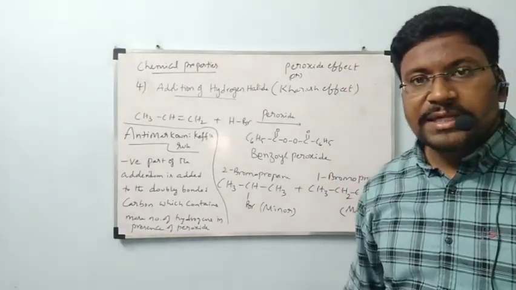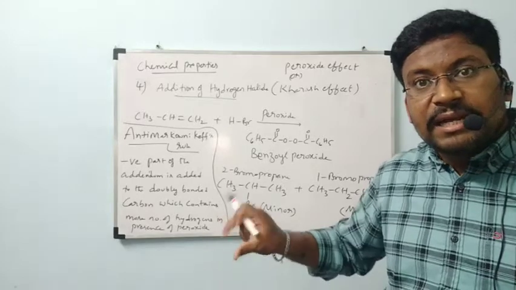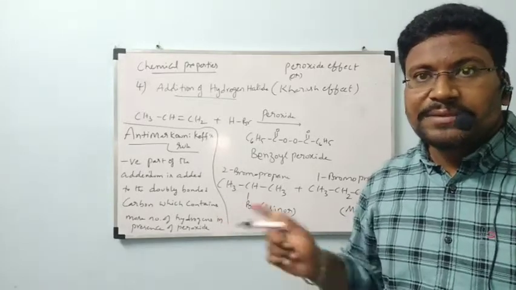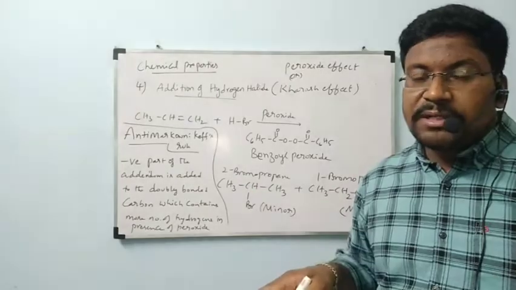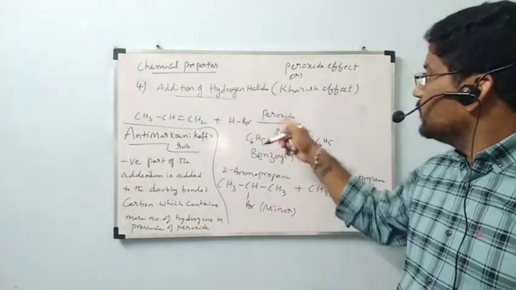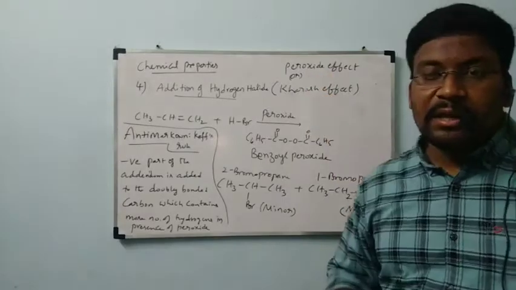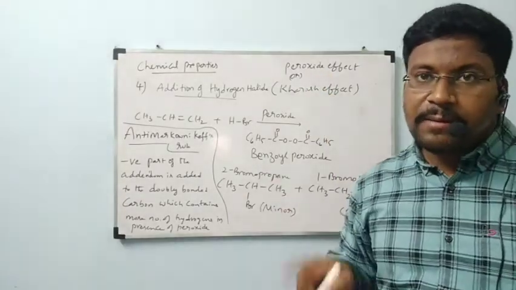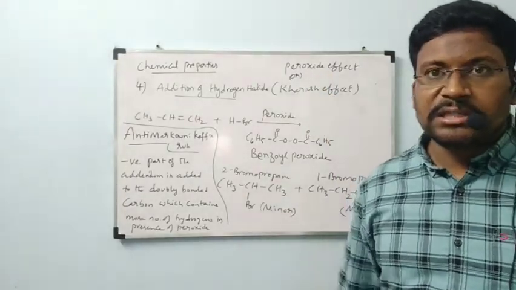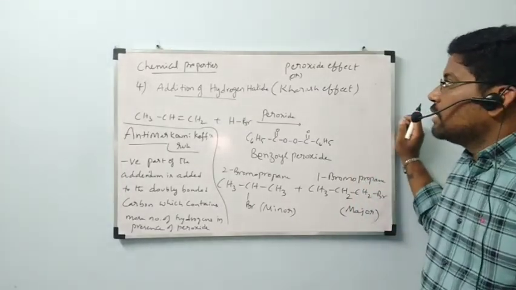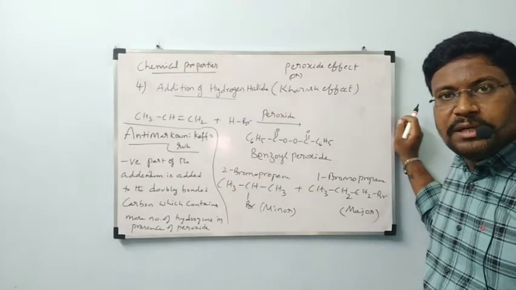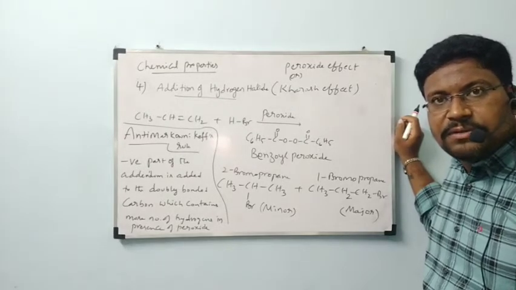In the presence of peroxide, this effect is observed exactly opposite to Markovnikov's rule, so it is called anti-Markovnikov's rule. Since it is observed in the presence of peroxide, it is called the peroxide effect. It was found by the scientist Kharasch, so it is also called the Kharasch effect. This effect is not observed with HI and HCl, only with HBr.